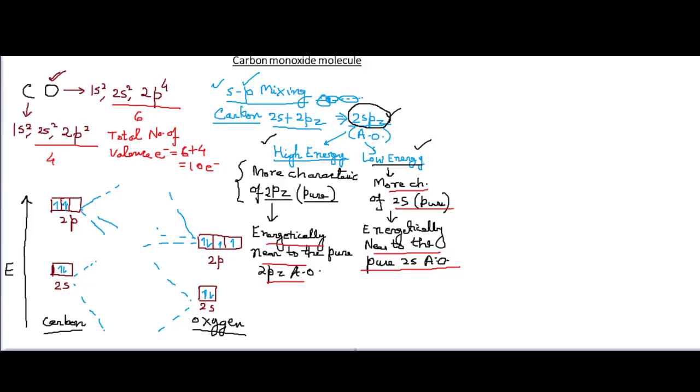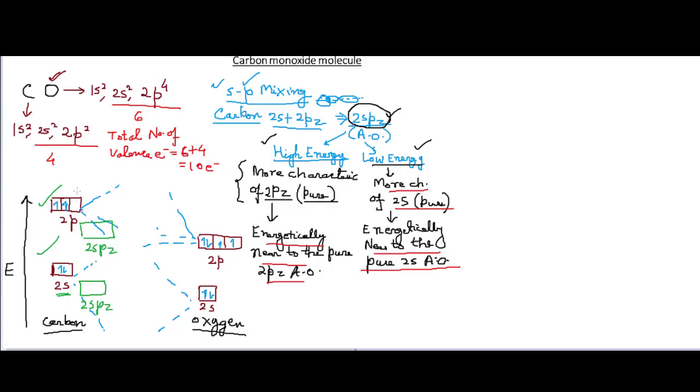Now I will draw it here only, and then we'll draw a fresh diagram. What happens? The pure s and p mix, and the lower energy one should be located near to this one. So the low energy 2spz should be located near to the pure 2s orbital, and the high energy one should be located near to the 2p orbital, like this.